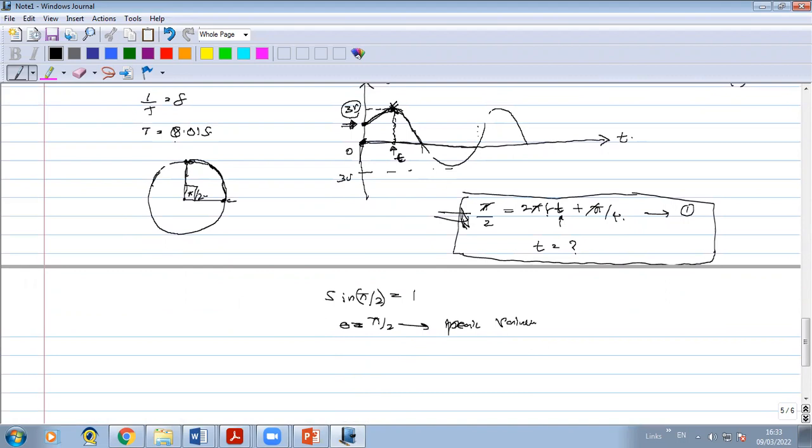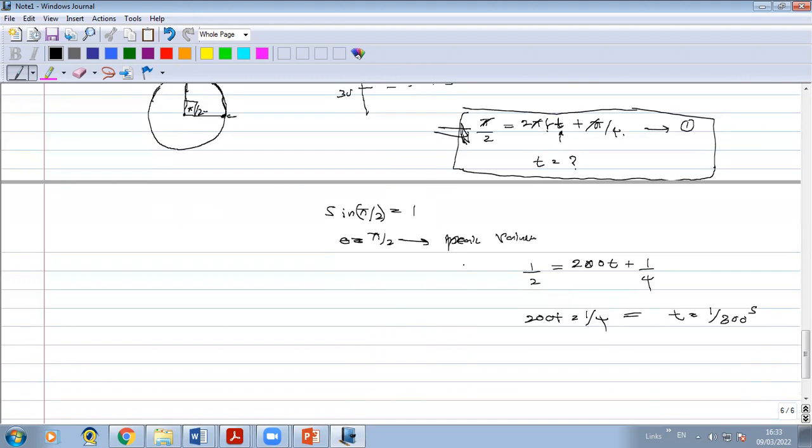So we have half equals 2, f is 100, that means 200t plus 1 by 4. So you will have 200t equal to 1 by 2 minus 1 by 4, that is 1 by 4. So t is equal to 1 by 4 divided by 200. So you will get 1 by 800 second.